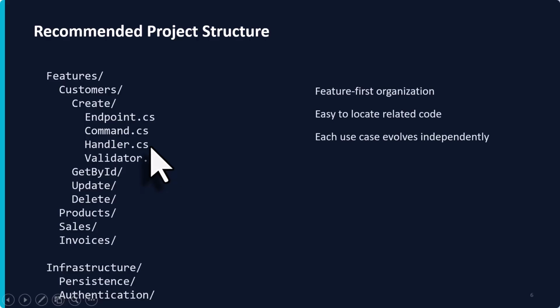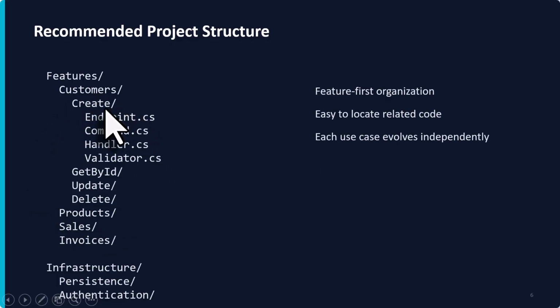The main advantage is feature-first organization and easy-to-locate related code. If I want to see all the customer-related files, I can go directly to this features folder, and under customers all operations will be there.